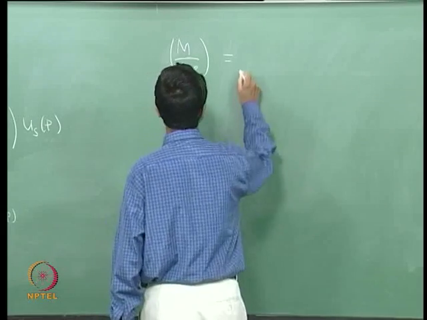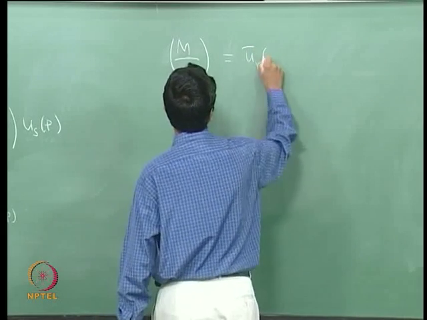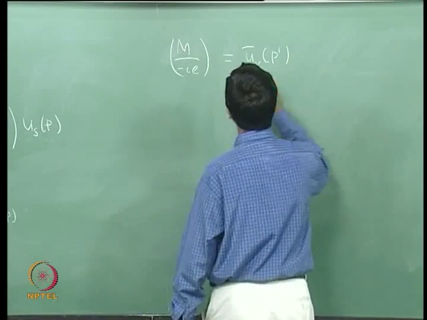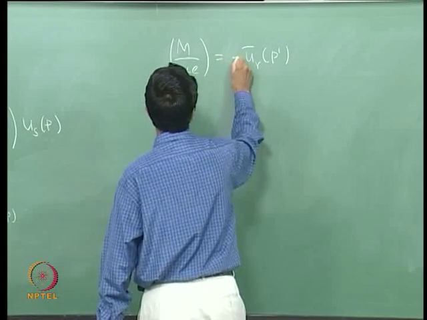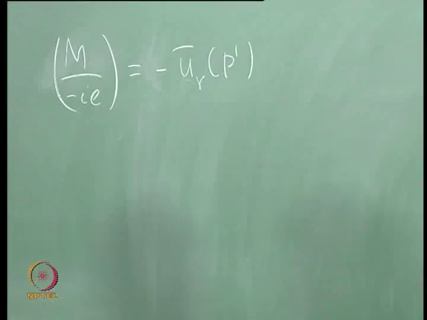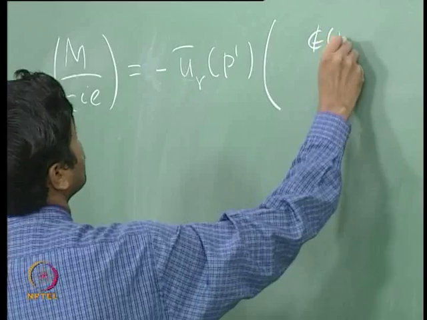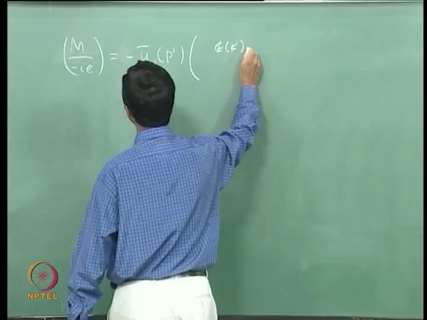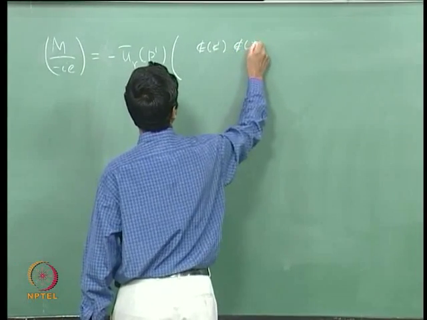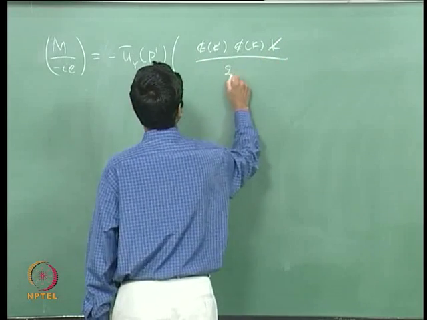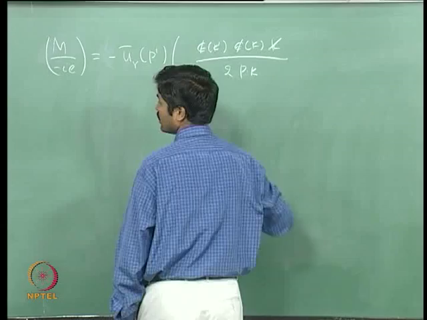It's u_r bar p prime, then there is an overall minus sign coming from both the terms, epsilon-slash k prime, epsilon-slash k-slash over twice p dot k.